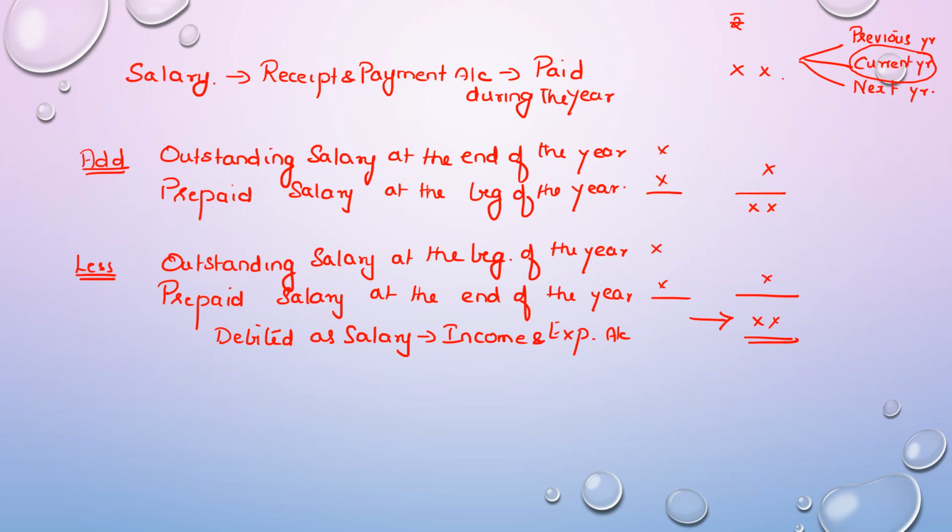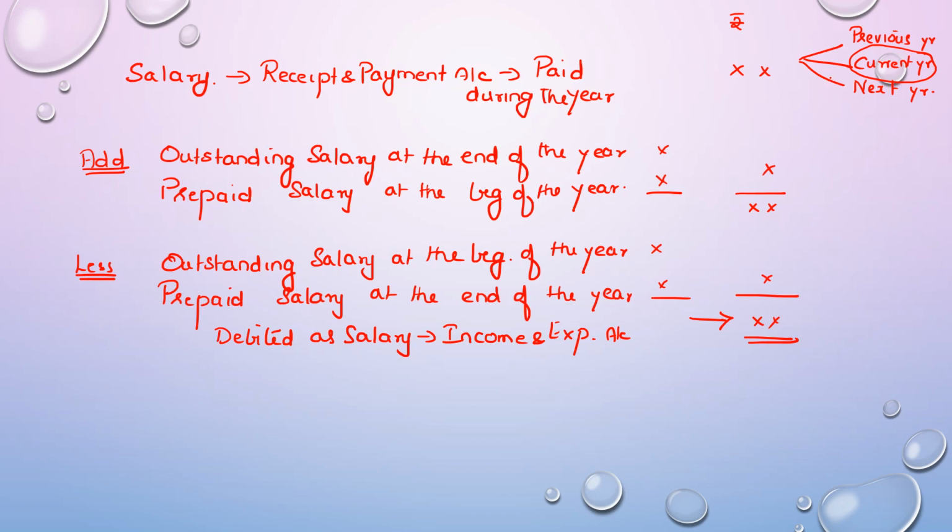because it is related to previous year. Same way, there could be prepaid salary at the end of the year, means as of 31st March of the current year. Some salary might be paid in advance, means they are paying in advance for the next year. So it would be included in the paid amount because it has been paid already. But it is included here, but it is not related to current year, it is related to next year.